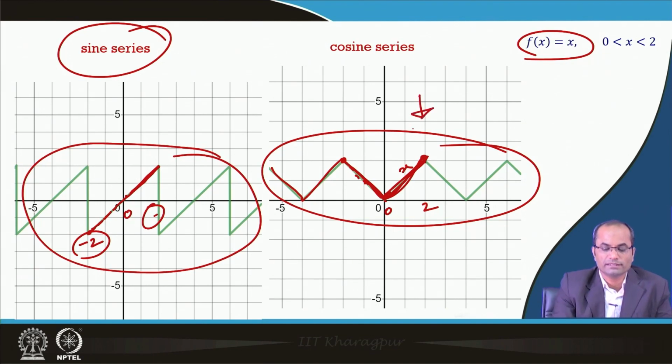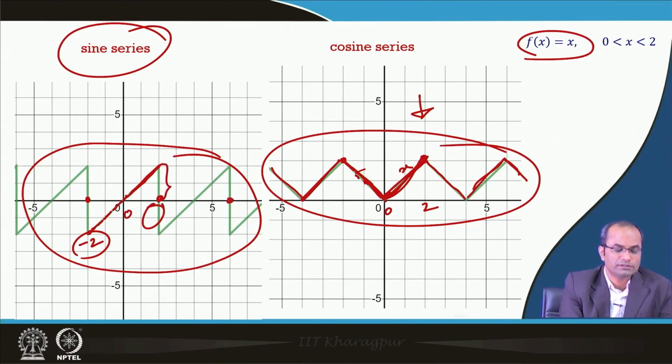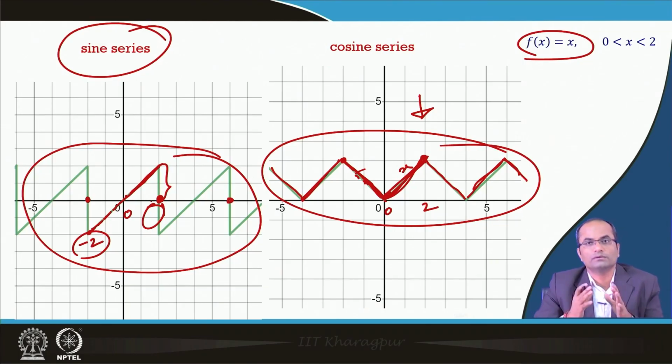For the cosine case, you have continuity everywhere, and so the value of the Fourier cosine series will be exactly the value of the function at any point. But in the sine case, for example, we have the problem at these points, where the Fourier series will converge to the middle one, the average value. That we have already discussed with the convergence results earlier.